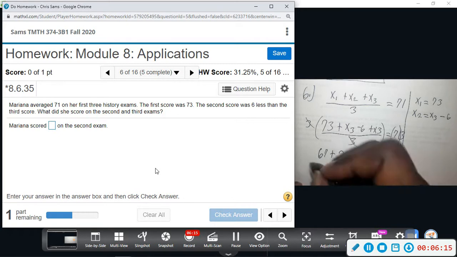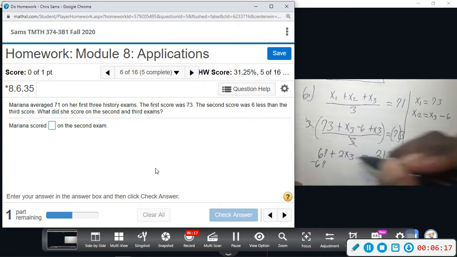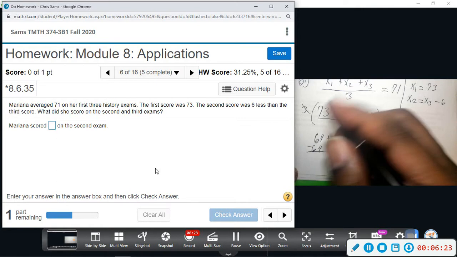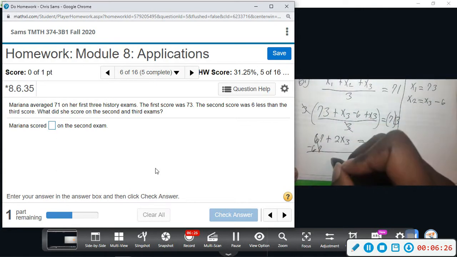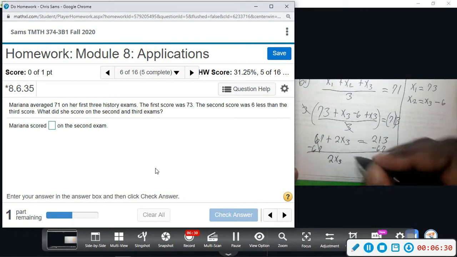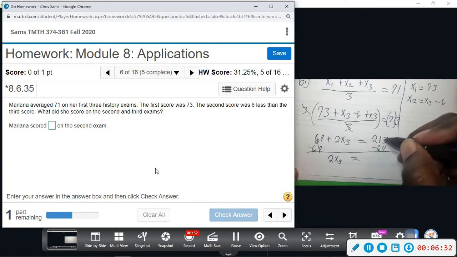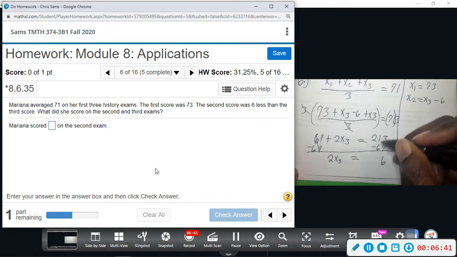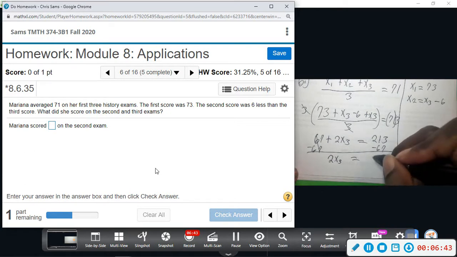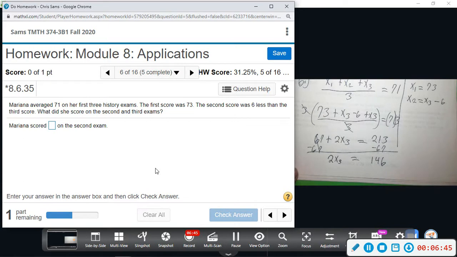From here we subtract 67 from both sides. This goes to 0, bring down 2 times x3, the third grade. This equals 213 minus 67, so 13 minus 7 gives us 6, and then 20 take away 6 gives us 14, so 146.